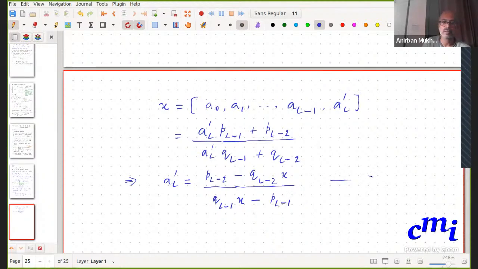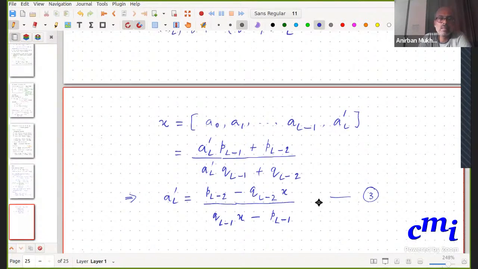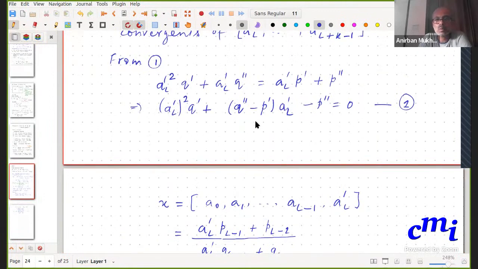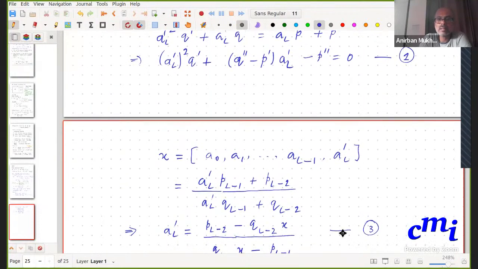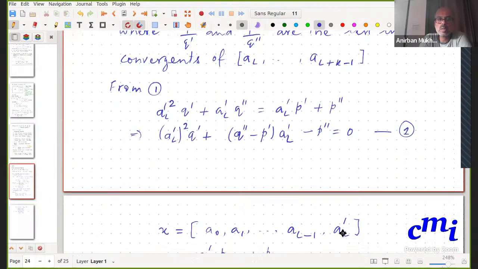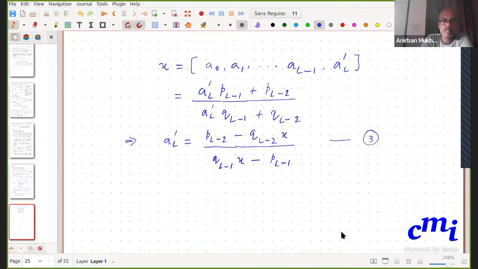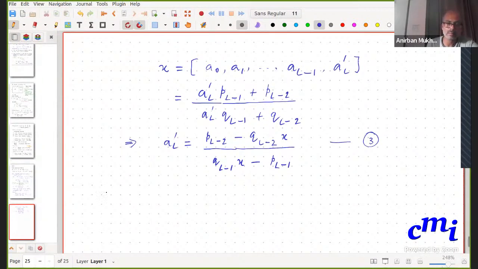So let's call this 3. Now, a_l dash is expressed as a quotient of two linear forms in X, and a_l dash satisfies this quadratic equation, and all the coefficients involved are integers. Therefore, we can combine equations 2 and 3 to say that X satisfies a quadratic equation.